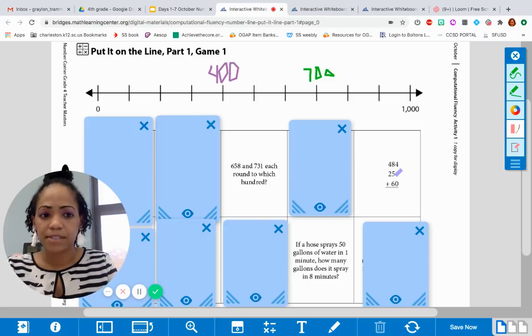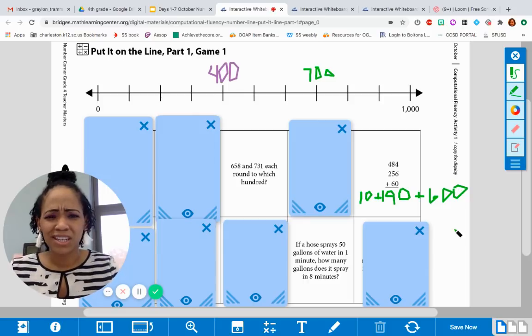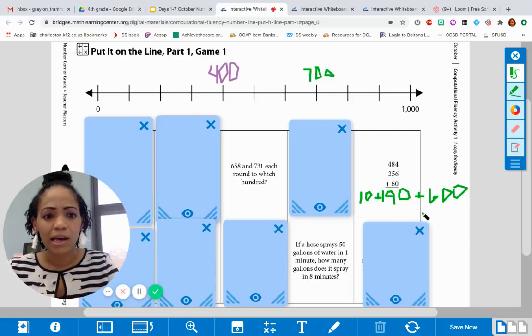So 8 tens plus 5 tens, 13 tens, plus 6 more tens is 19 tens. So that's 190. So we have 10, we have 190, and it looks like we have 400 plus 200, which is 600. Jeez Louise. You guys, are y'all cheating through the computer?